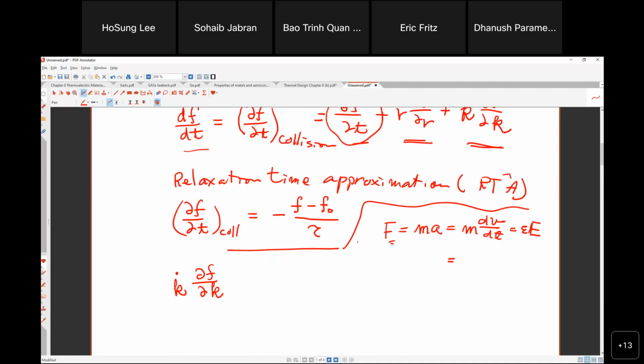I told you we have P is mv is hk. I told you that according to Bohr's model. So you remember this, and then m dv is this.